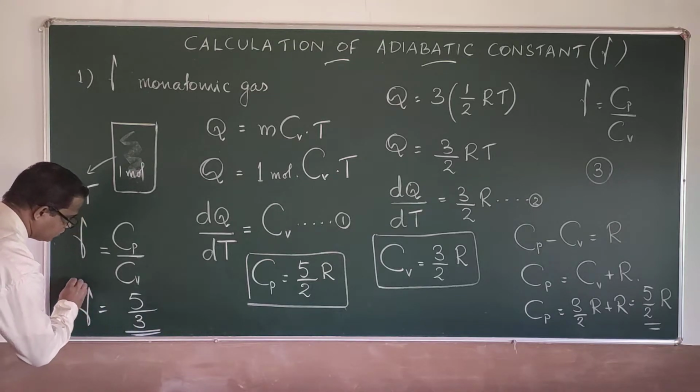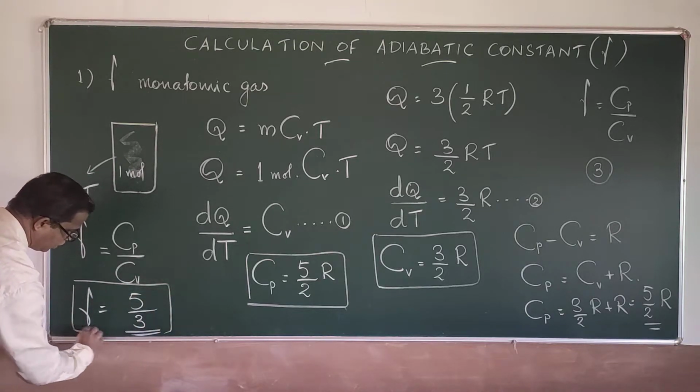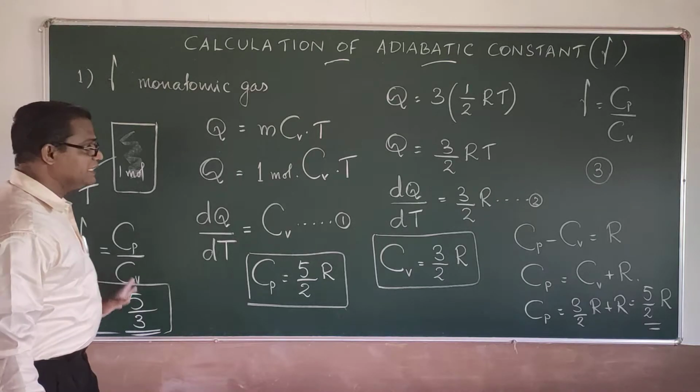So gamma equal to 5 by 3 for monatomic gas.